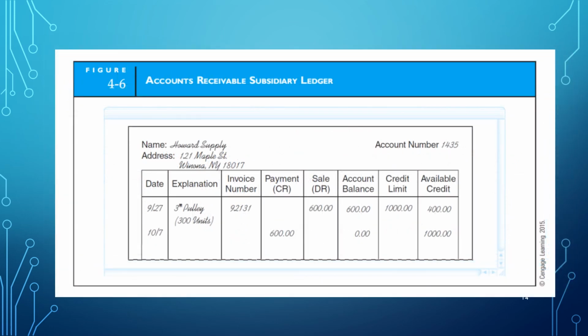Here we have the accounts receivable subsidiary ledger, and this document illustrates the invoice number, the payment, debit and credit, and the account balance, some information about the date of the transaction, the name of the customer and the address, and also, if we have an account chart, then we will have the account number. Okay, so that is the information here.